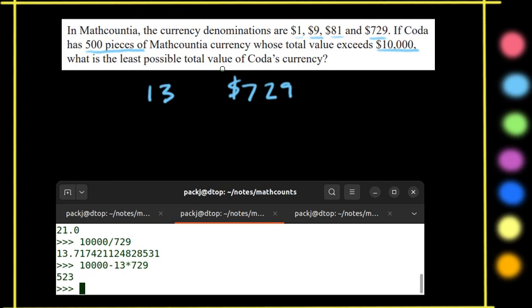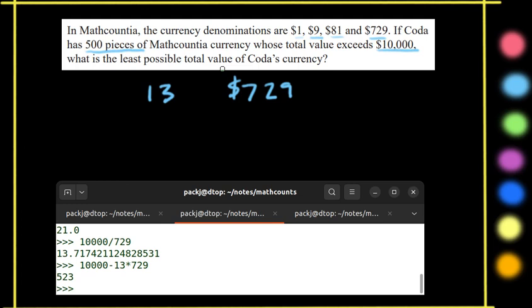So we could put that all as $1 bills, and that would be too many pieces of currency, right? Because we need exactly 500 pieces of currency. So maybe what we need to do is put some of those as $9 bills, right?